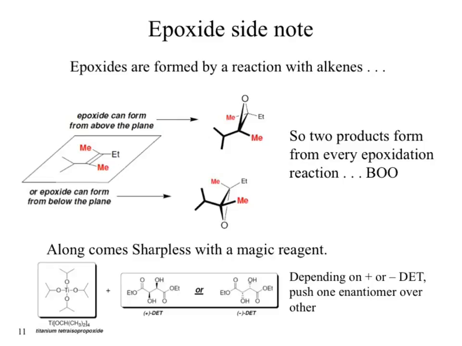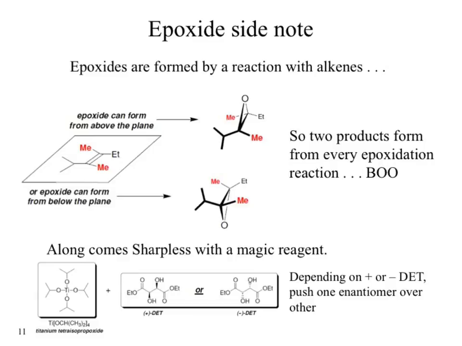But leave it to an organic chemist to invent a reagent that then prevents one or the other product from forming. So this is just a side note. Sharpless happens to be a famous organic chemist, who created this fancy little reagent, plus or minus DET. DET is just the abbreviation of that compound.